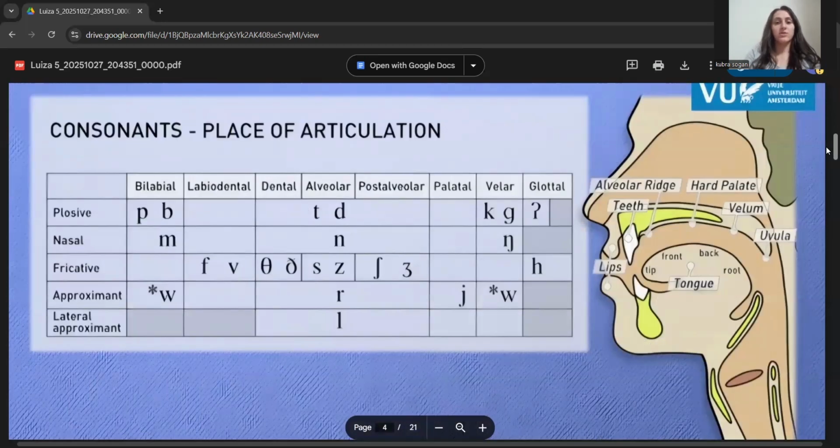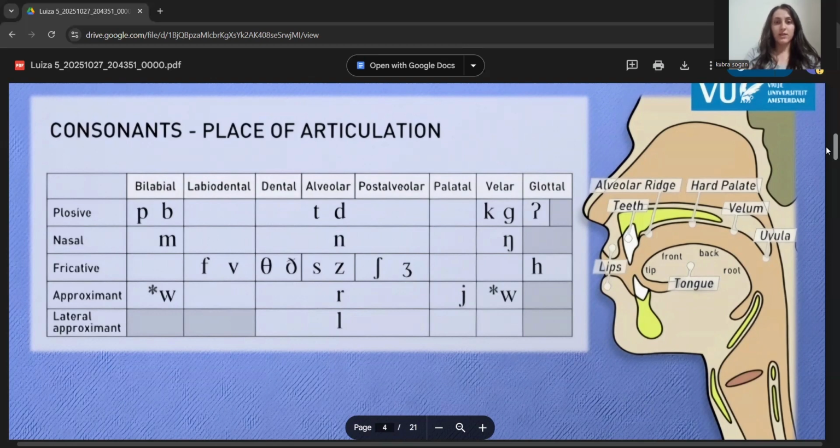The second parameter is the place of articulation, which is the point in the vocal tract where airflow is modified using speech organs other than the larynx. These organs include the lips, upper and lower teeth, the alveolar ridge, the ridge just behind the upper teeth, and the hard palate, the area behind the alveolar ridge, which becomes the soft palate or velum.